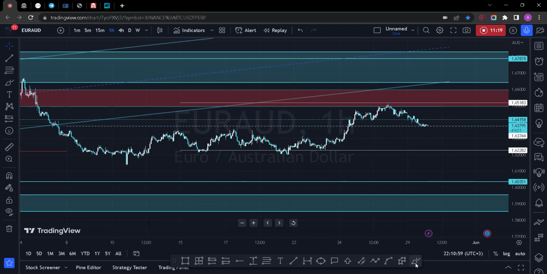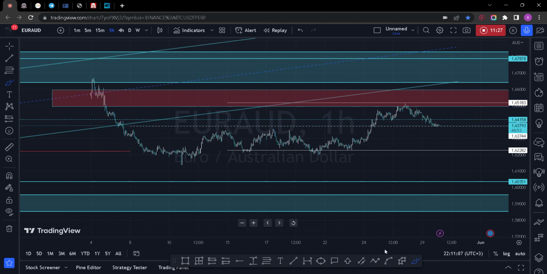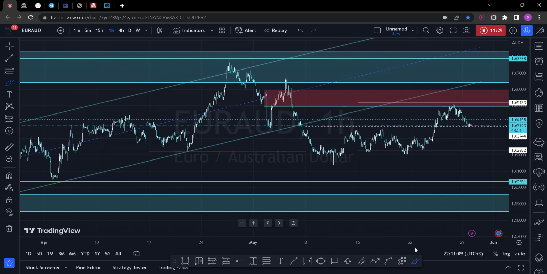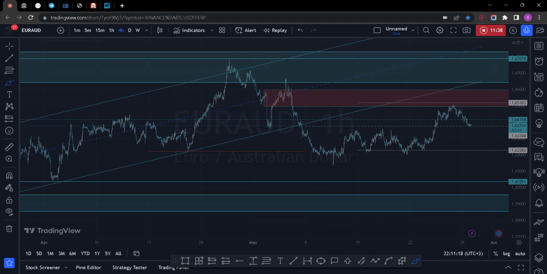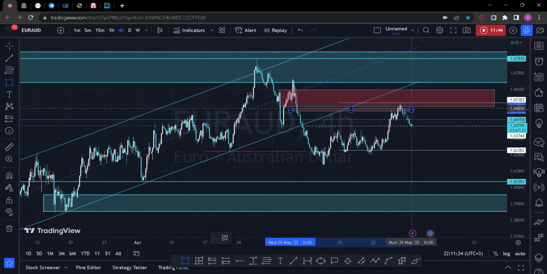This is distribution, or not distribution per se, but I like to call it a liquidity sweep. So going to the 4-hourly, you can see there's also a fair value gap right over there. There's a price inefficiency that has been filled.